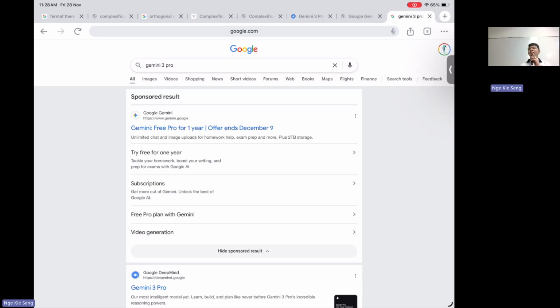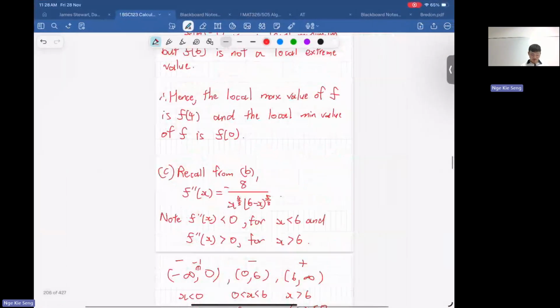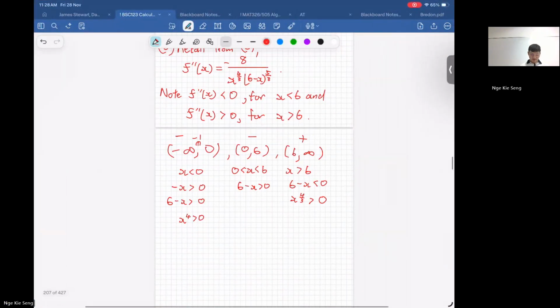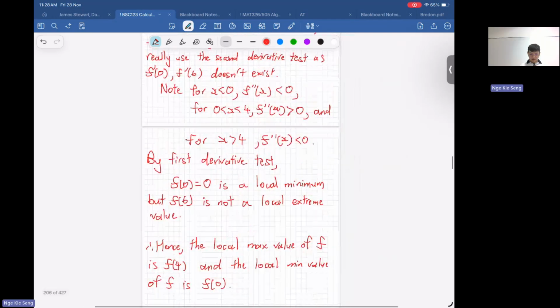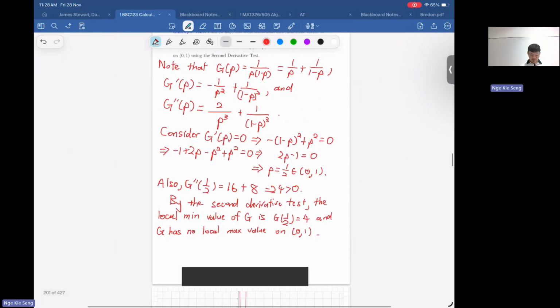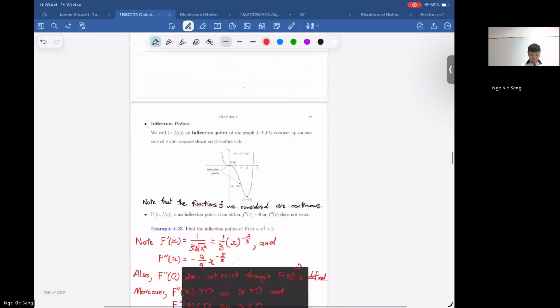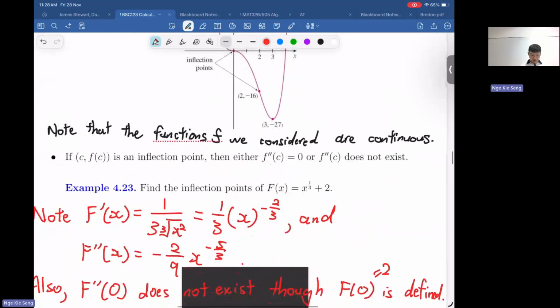Whether greater than zero or smaller than zero, the sign is always the same. That's right. But it satisfies one of the conditions, right? Because f prime prime c doesn't exist. If c is an inflection point, then either f prime prime c is 0 or f prime prime c does not exist.